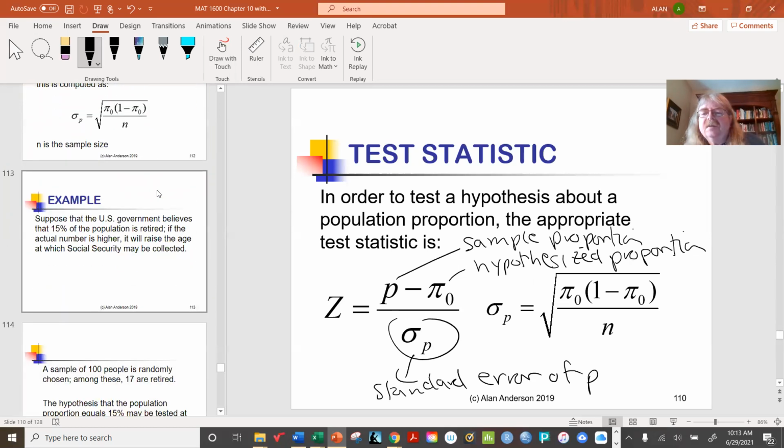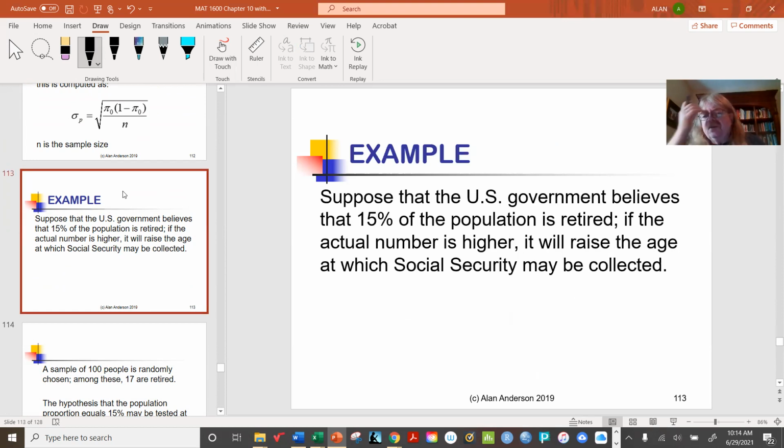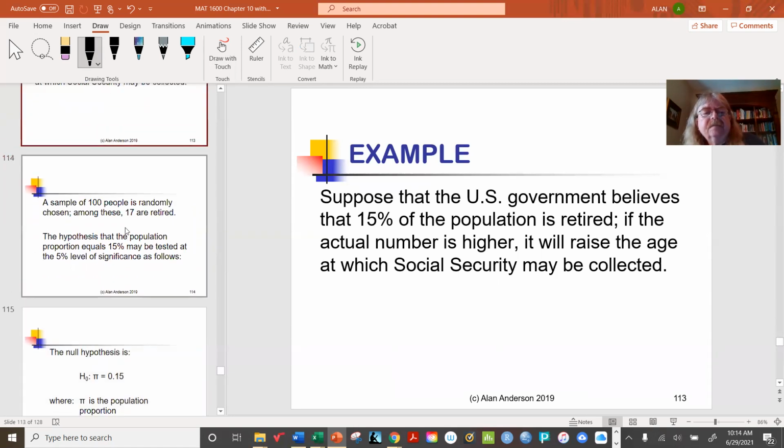All right, let's do an example. And the 6 steps are the same. Everything's the same. It's really the only thing that's different is the test statistic when you come right down to it. So suppose the US government believes that 15% of the population is retired, but they are testing to see if it's higher because if it is, they might raise the age at which Social Security may be collected.